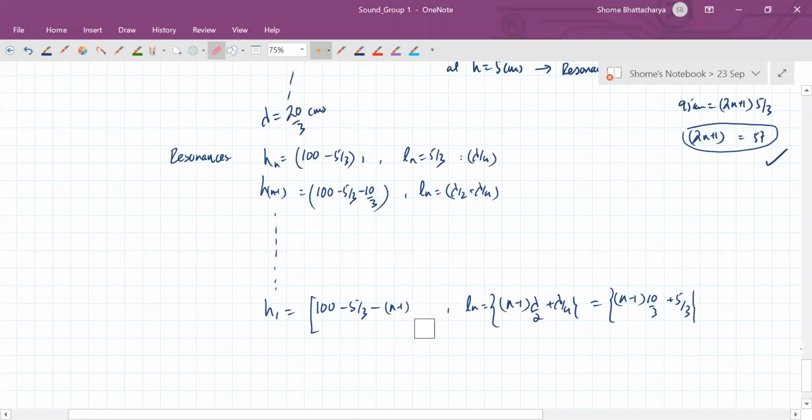Just replace this lambda by 2 with 10 by 3. So basically you want this thing to be the closest number to 100.